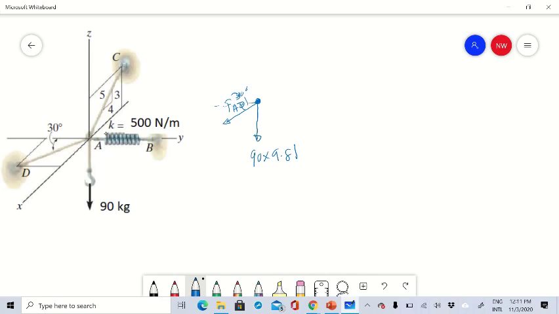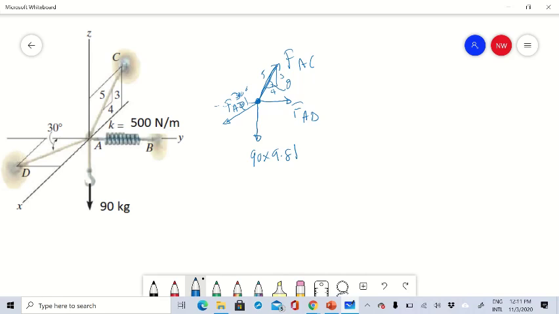This force is on the XY plane, right? So there is a force in the y direction which I call FAB, right, which is in the y direction, and there is a force in this direction also which I call FAC, right. So this angle is theta. You can see this is 4, 3 and 5, right.